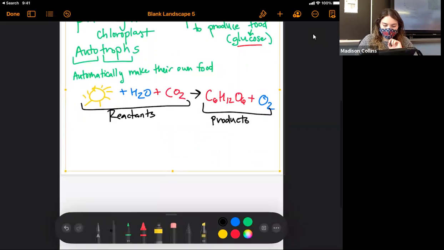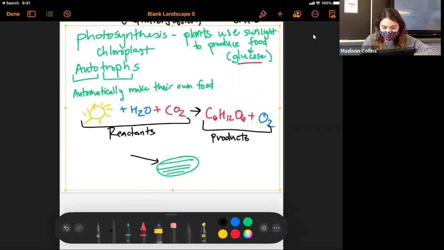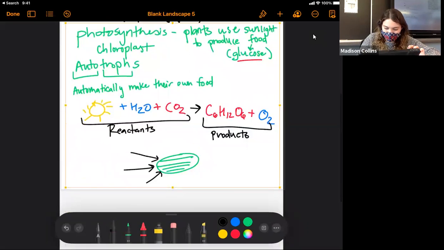Now, I'm going to draw a picture of what this looks like. It might be kind of small on this page, but we're going to roll with it. So this is my chloroplast. And I need to draw 3 arrows going in for my reactants, and then 2 arrows coming out for my products.